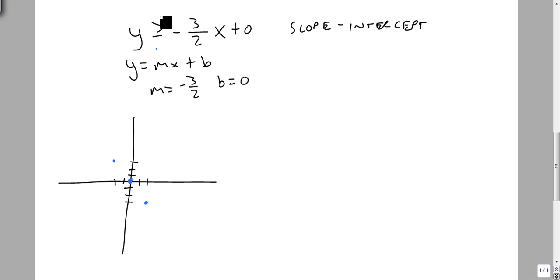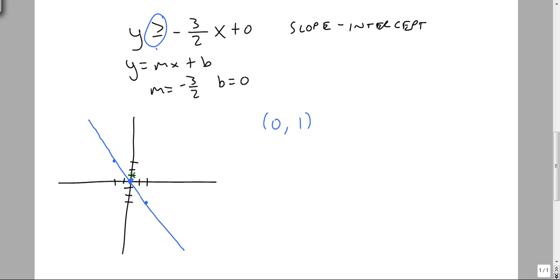Now, because it's greater than or equal, we're going to draw a solid line through these points. And when we go to test our point, notice that we can't test 0, 0. So let's test the point 0, 1, which is right here. So this is the point I'm testing.